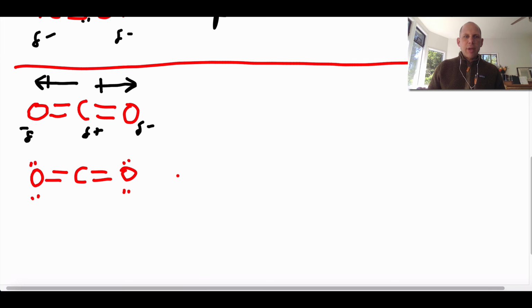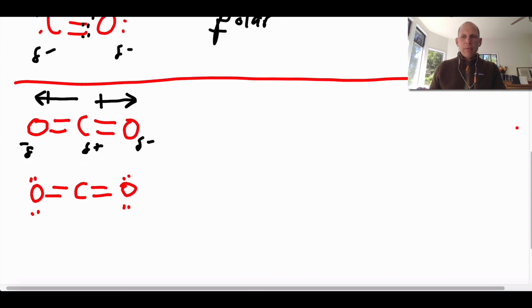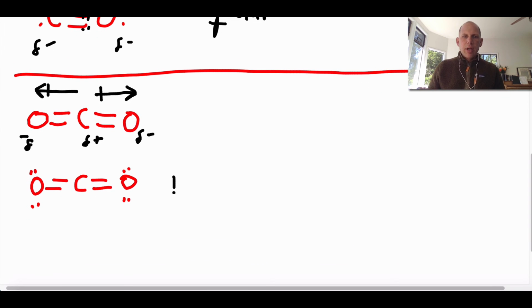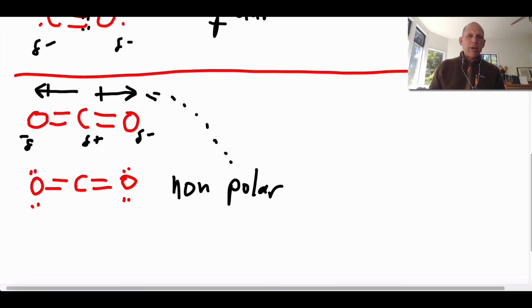And we call this molecule non-polar. Even though this bond here is polar, the molecule as a whole is non-polar. And that's what the molecular dipole is really looking at.